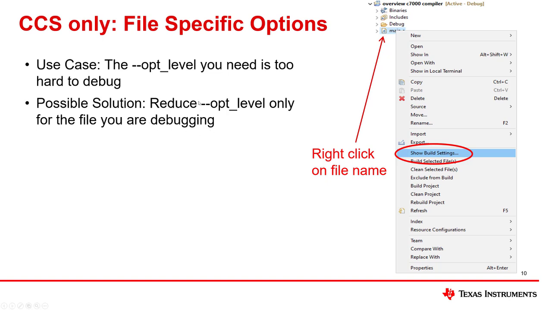So what you can do in that case is you can reduce the optimization level not for the entire project, but just for that one file. And the way you do that is you right-click on the name of the file, and then you choose Show Build Settings, and then it's pretty obvious from there how you can change the optimization level just for that file.